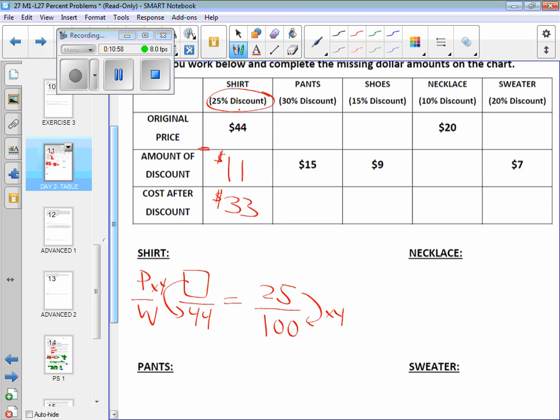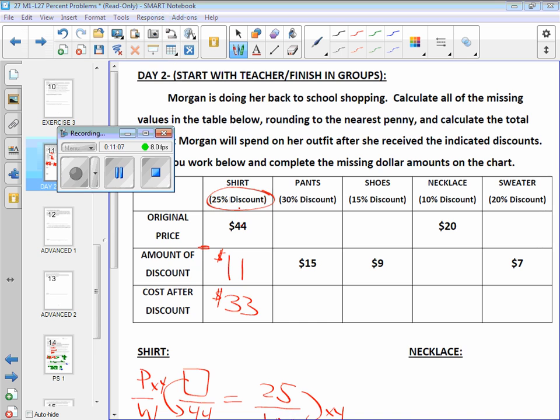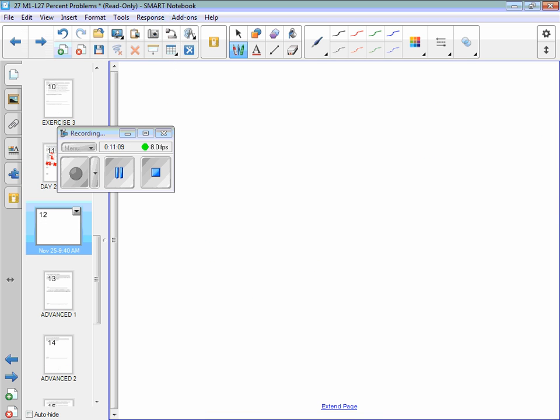Got it? All right, let me tell you what the different groups are doing. Unsalted, that's your regular group, like unsalted nuts.